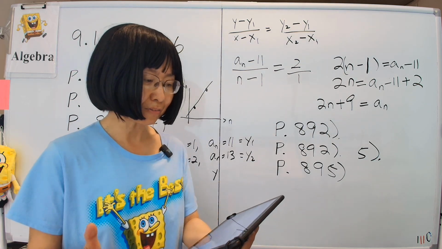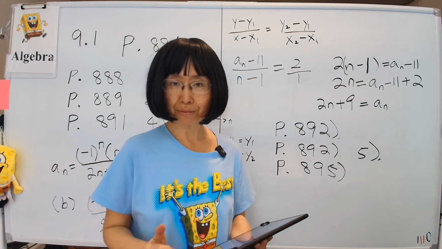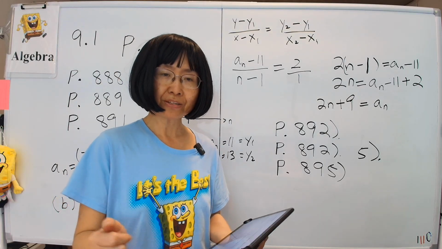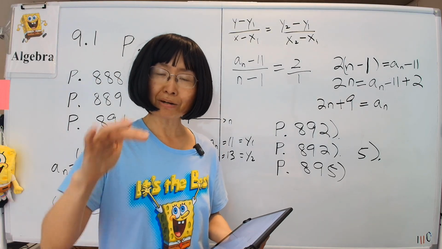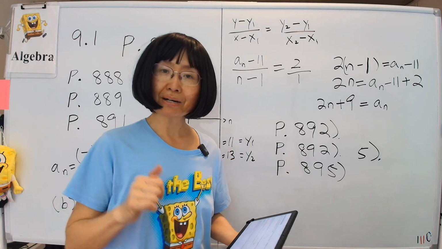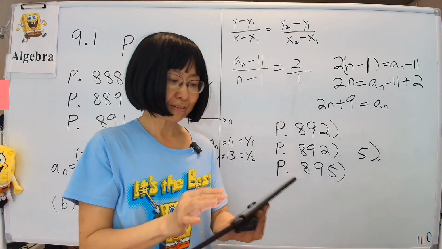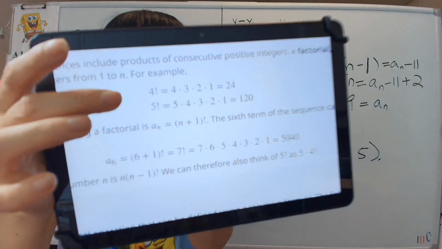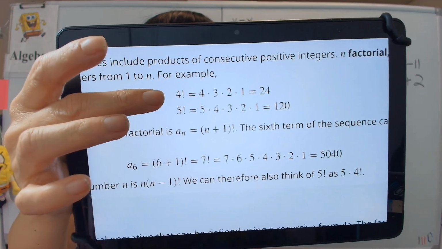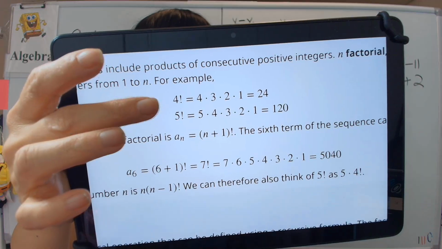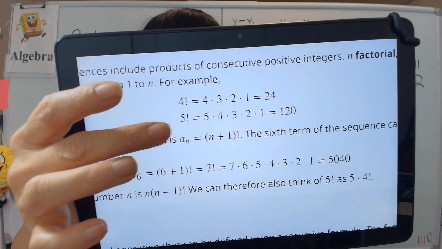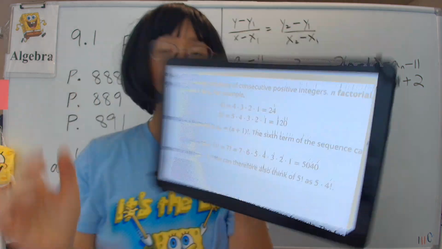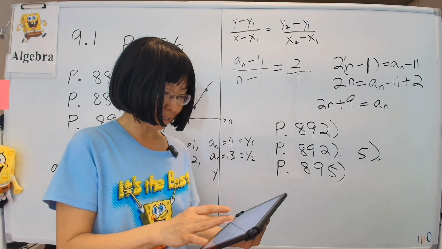The factorial is only defined for non-negative numbers. Anything you calculate the factorial of, you take itself and multiply by all the numbers before it until you get down to 1. For example, the factorial of 4, as shown on this page, is 4 times 3 times 2 times 1, and that happens to be 24. 5 factorial equals 5 times 4 times 3 times 2 times 1, which happens to be 120, and so on.